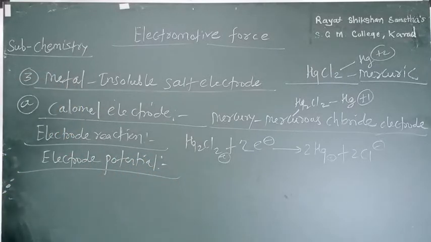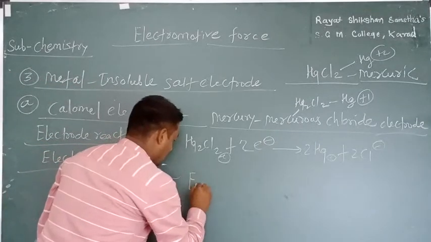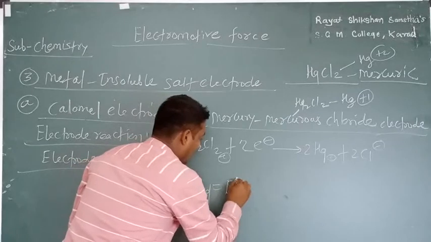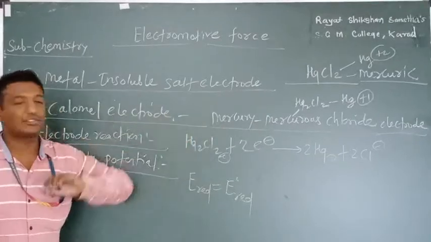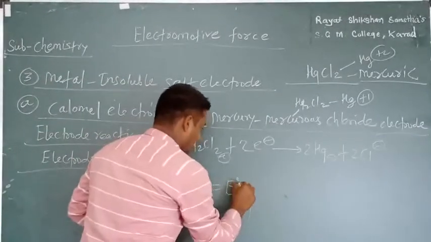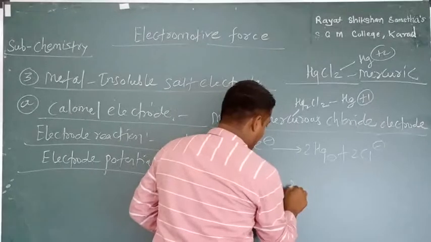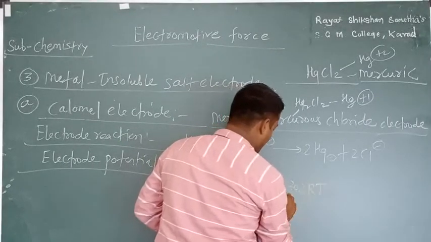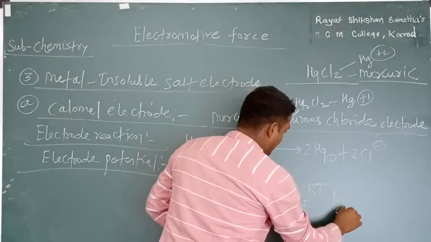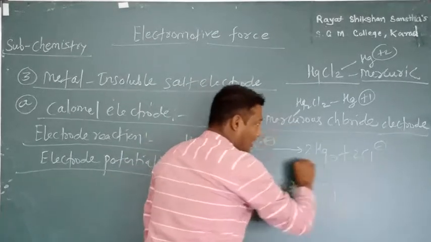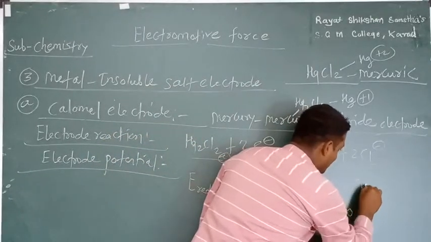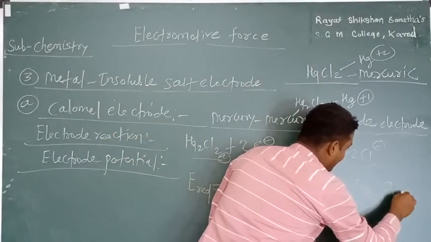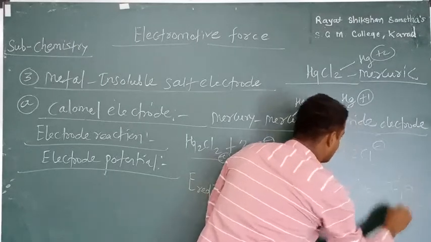Nernst equation. Again, we can write E reduction equals E0 reduction, where reduction stands for mercury mercurous chloride, minus 2.303 RT over 2F log to the base 10 of the activity of product divided by the activity of reactant.